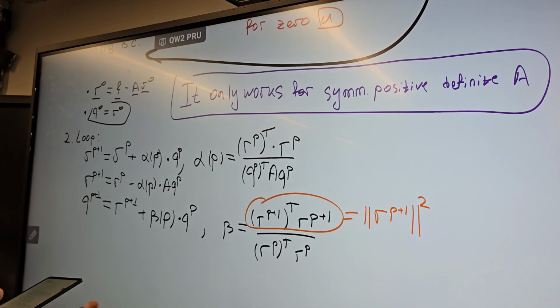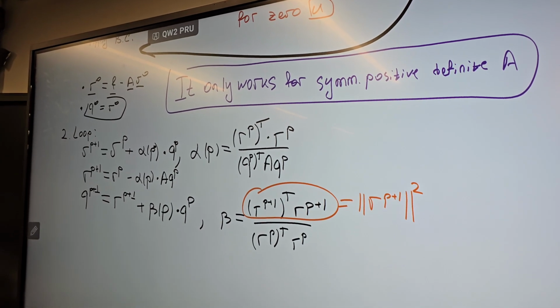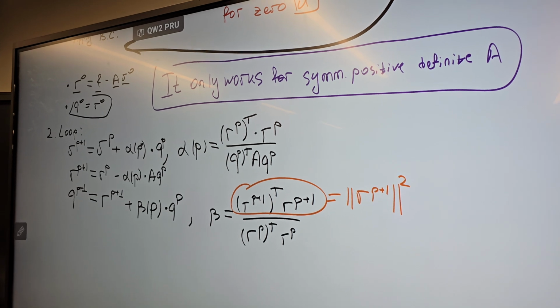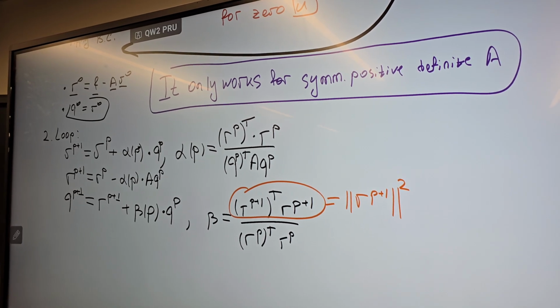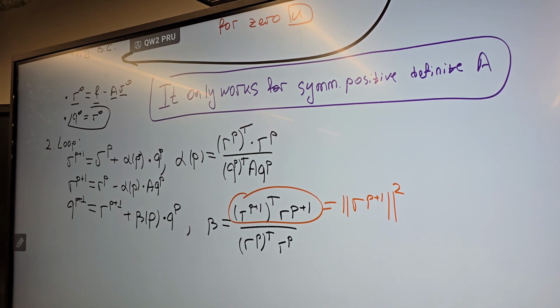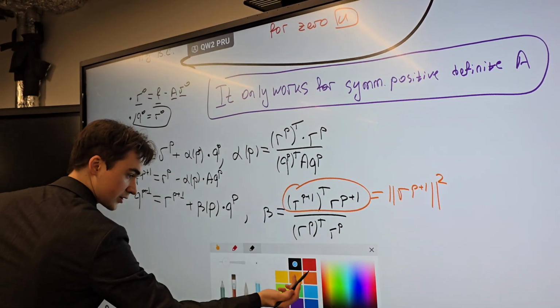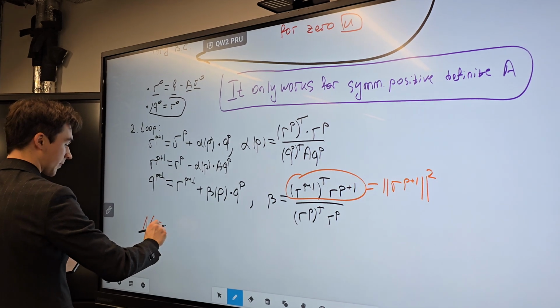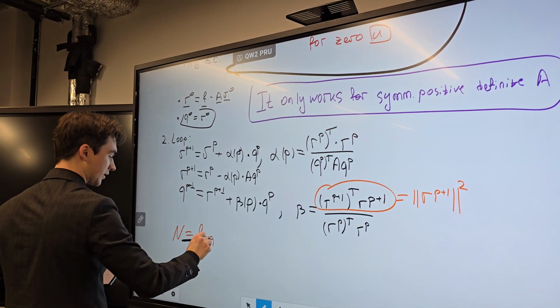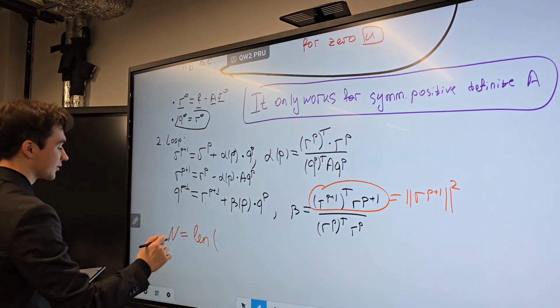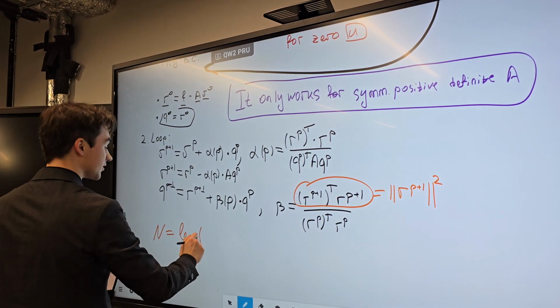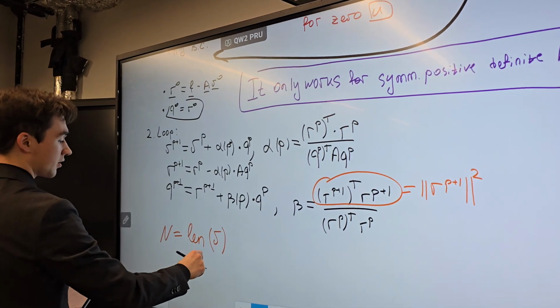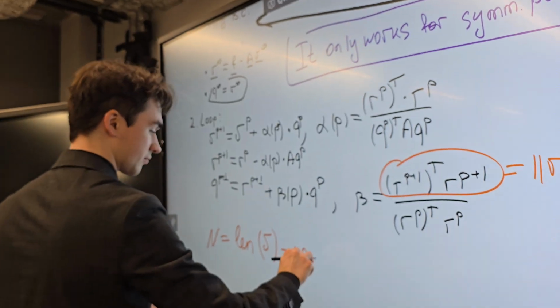And it can be shown analytically that after n iterations, where n is your dimension, let's say n is equal to, in pseudo Python, len of v, we get convergence.